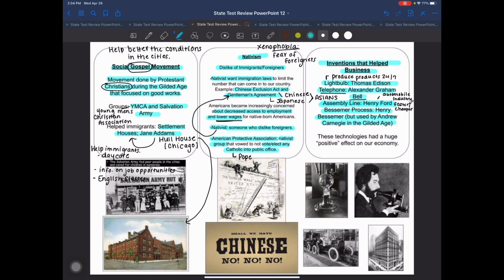The man who is going to use this process in America, his name is Andrew Carnegie, and this is a process to make steel again. This process is going to be much easier than the ways that we have always made steel. So we're going to be able to make it faster. And here we go again. If we can make it faster, then we can make it cheaper.